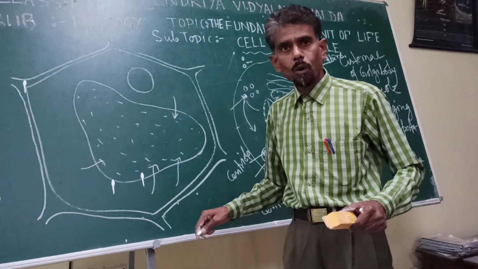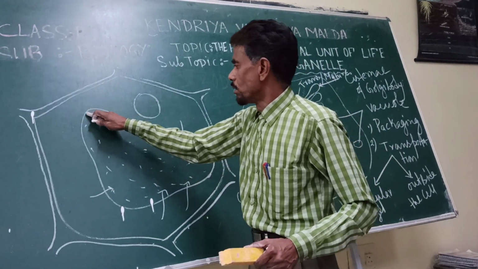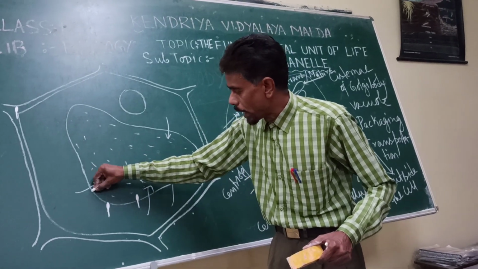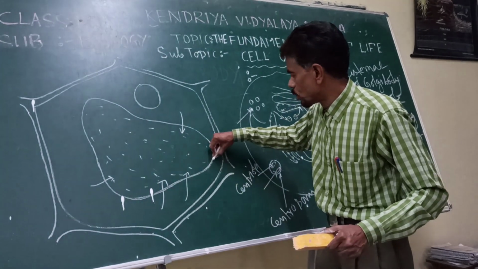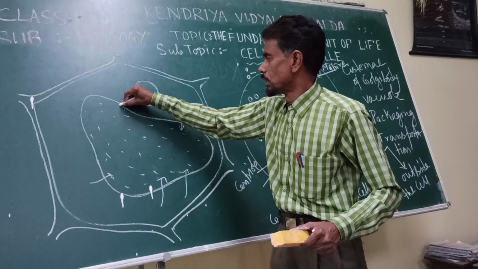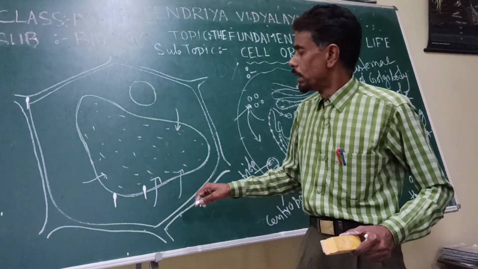This vacuole is covered by a membrane. This membrane is called the tonoplast.